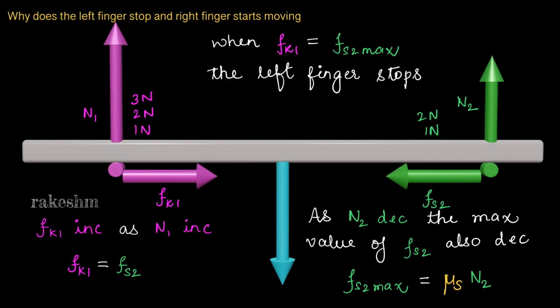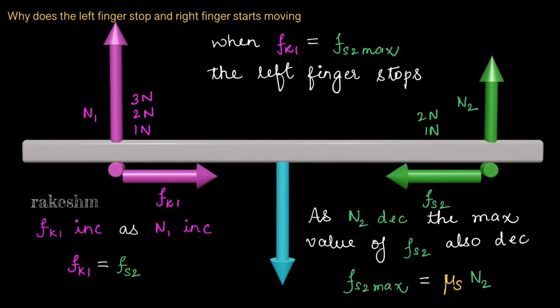Next, as we know kinetic friction is increasing, next it is 2 Newton. Here also static friction becomes 2 Newton. After this, let us say we are increasing it to 3 Newton, and at this instant, the maximum static friction is below 3 Newton.